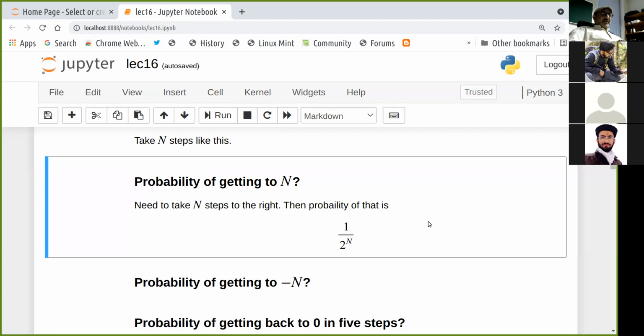If you're starting from 0, then you have to take a certain number of steps away and then the same number of steps back. The number of right steps and the number of left steps have to cancel each other out. So the total number of steps has to be even for you to get back to 0. So you cannot get back to 0 in an odd number of steps. So the probability of getting back to 0 in an odd number of steps is 0.